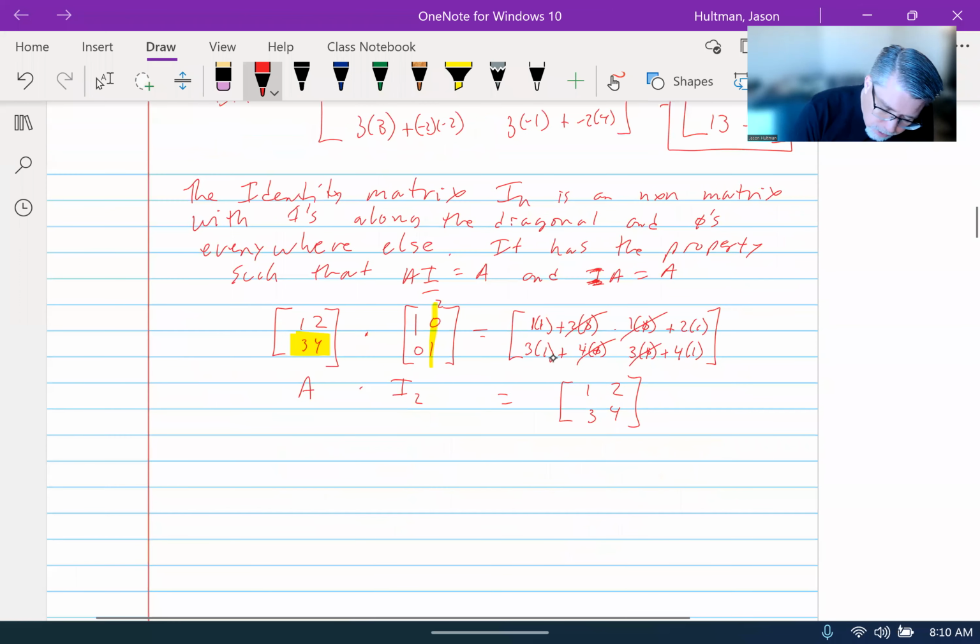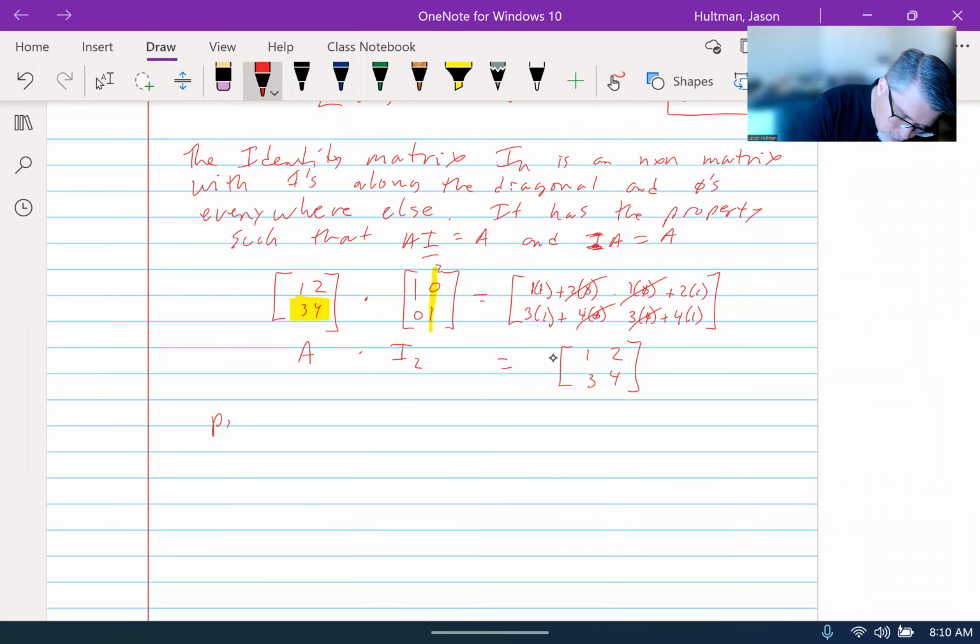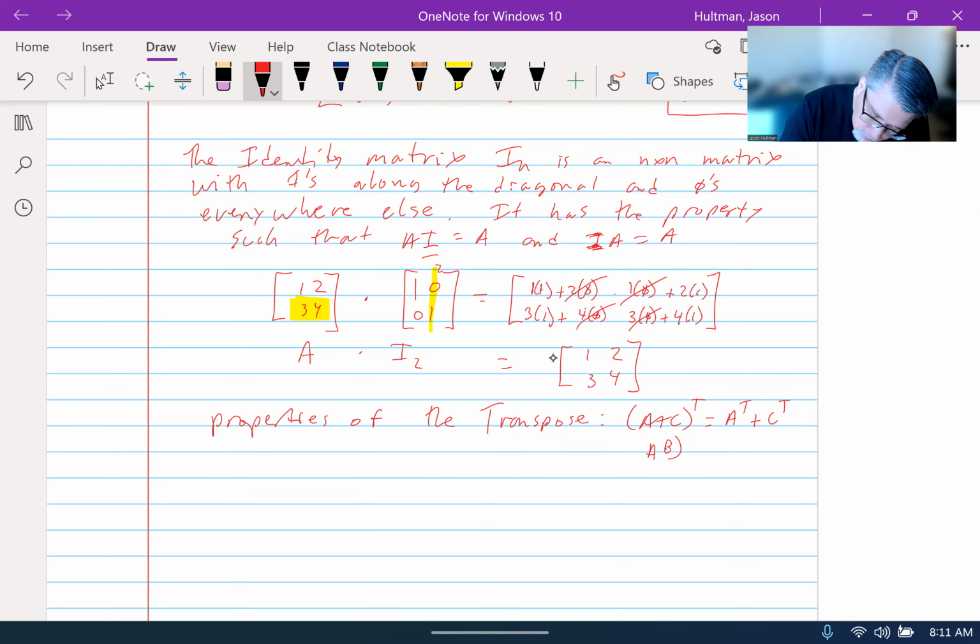Okay, let's look at the properties of the transpose. The transpose of A plus C is equal to A transpose plus C transpose. Nice. And the transpose of A times B is equal to B transpose times A transpose. That's interesting.